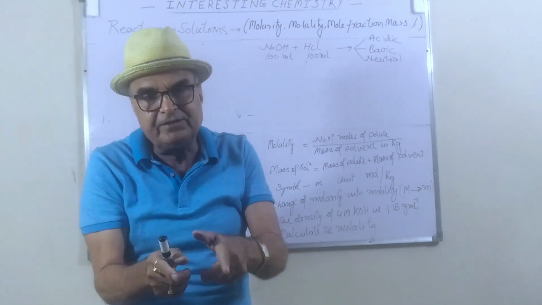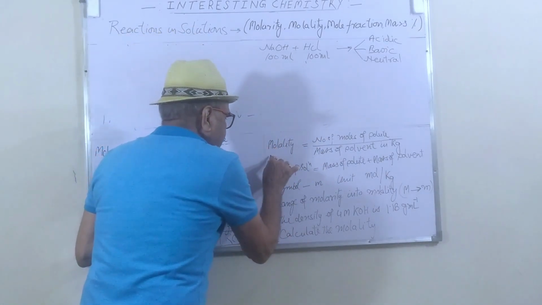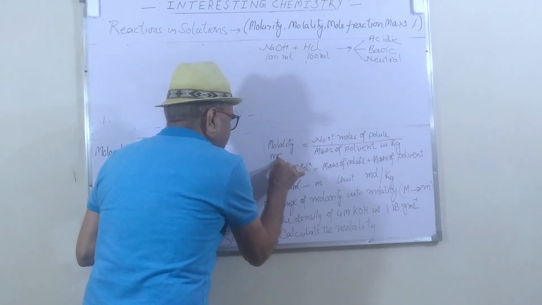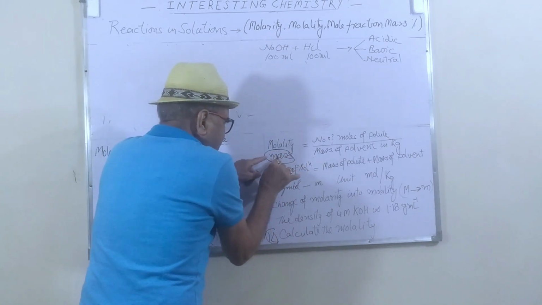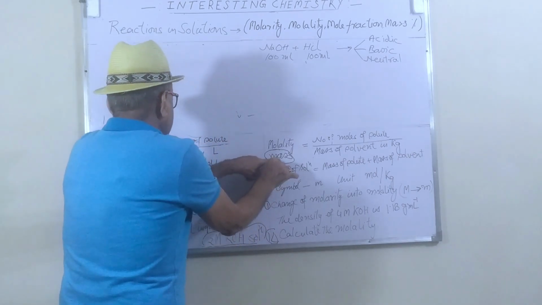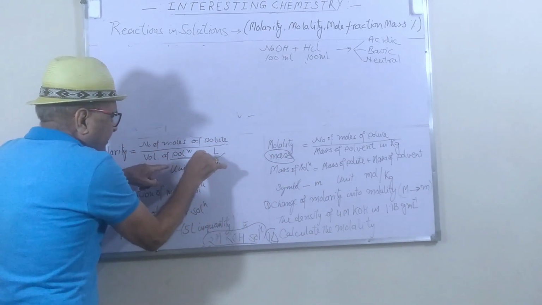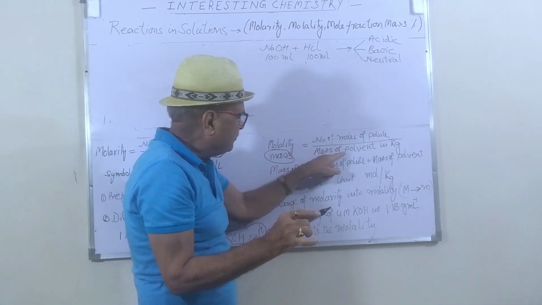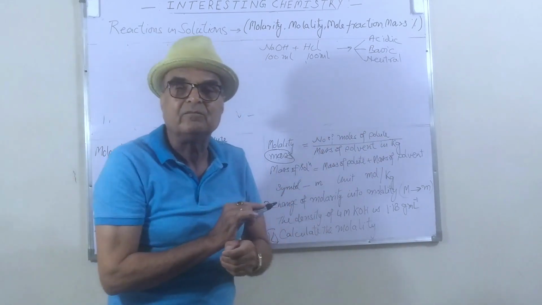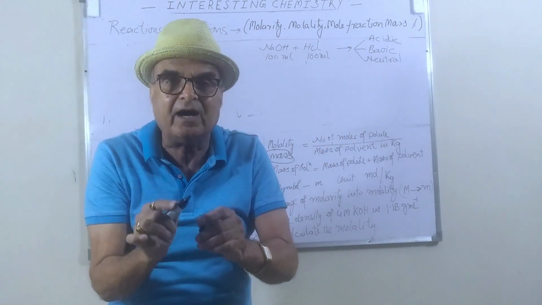But here again think, molality is related to the mass. The major difference is that molality is related to the mass, and molarity is related to the volume. Here it is the mass of the solvent in gram.